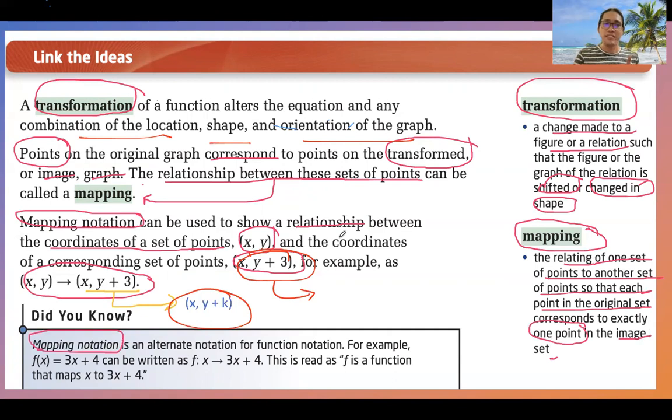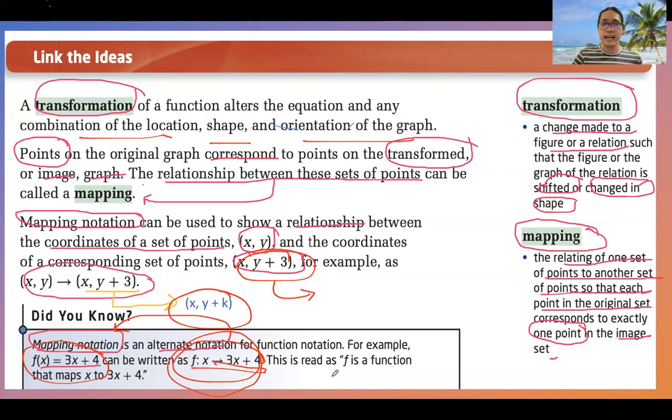Another thing, mapping notation is an alternate notation for function notation. For example, we have f(x) = 3x + 4. I'll highlight this one. It can be written in this form, which is an example of a mapping notation. From the function that we have, we can represent it in this form.